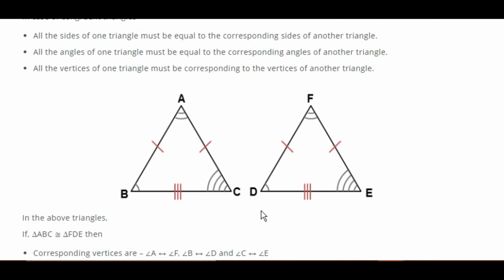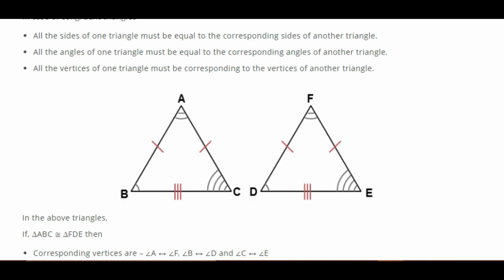Corresponding sides means those which look similar. Here we can see that AB is similar to FD, and they should be equal; they are known as corresponding sides. Similarly, AC and FE are corresponding sides, and BC and DE are corresponding sides.